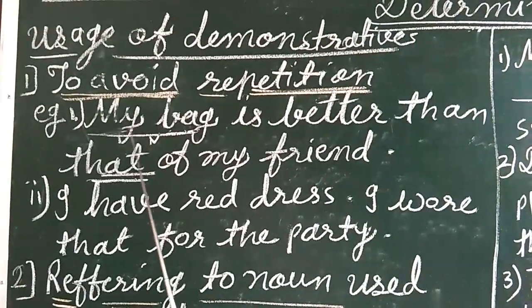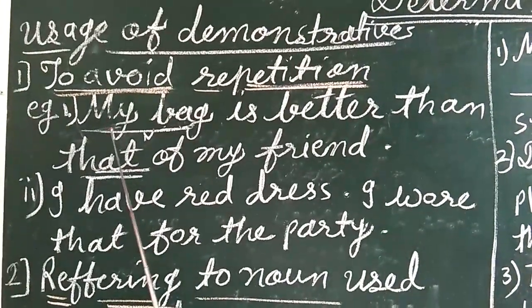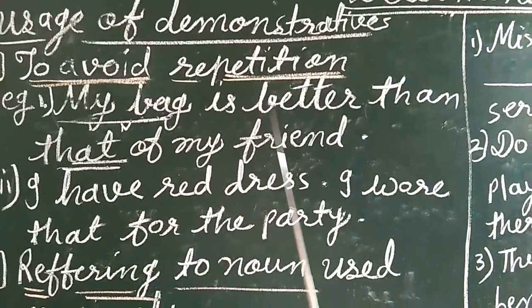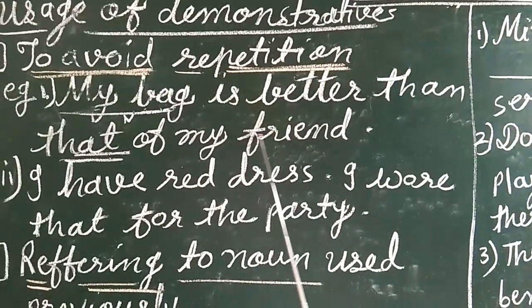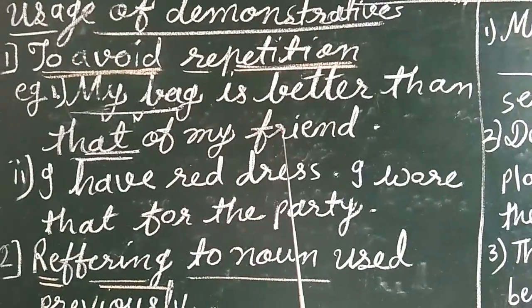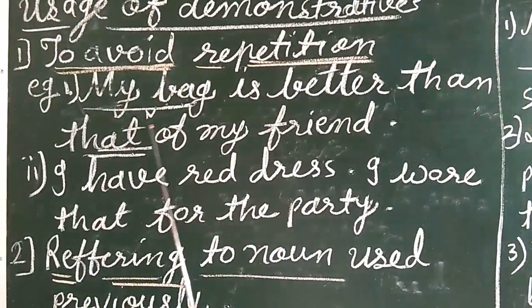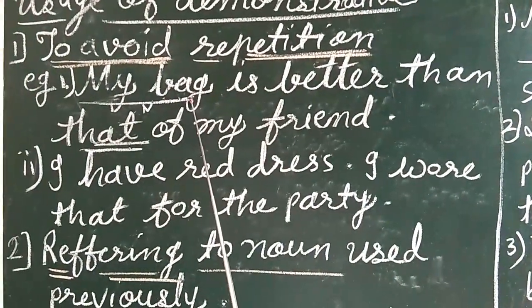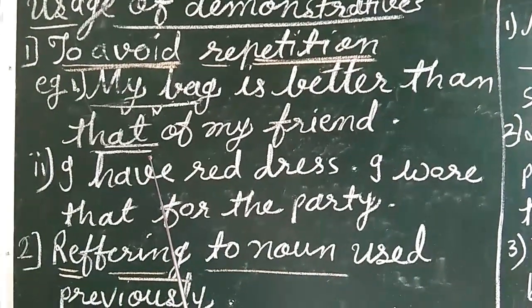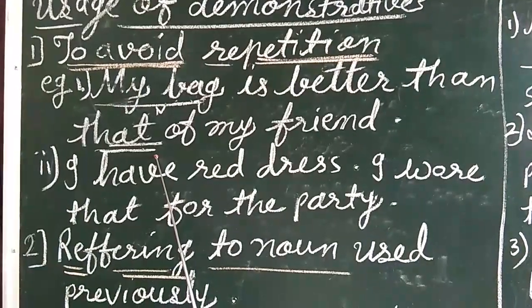So, look at this sentence again. My bag is the noun that I am referring to. Is better than that of my friend. So, here that means the bag of my friend. Now, instead of repeating the noun again, I have just used the word that. So, what is it doing?